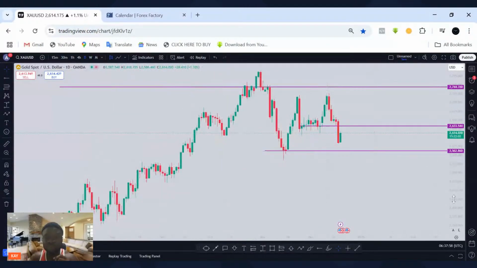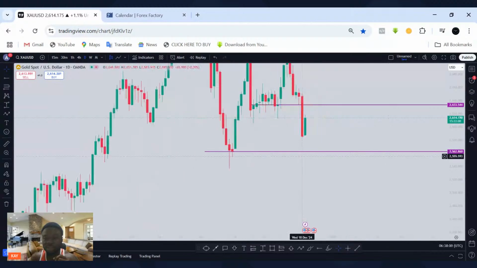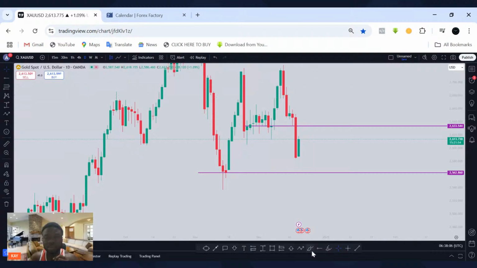Moving to the daily time frame, what's the trend? We have this on the daily time frame. As the candle broke through these consolidation levels, the trend tends towards a downtrend. It is now pulling back.